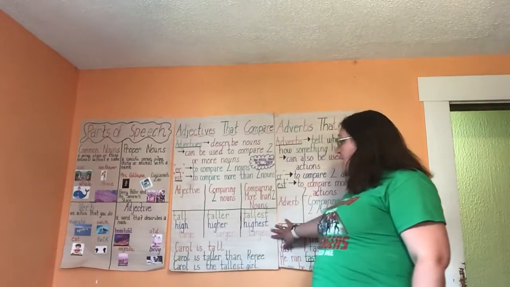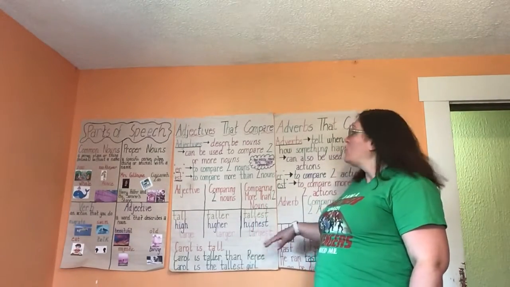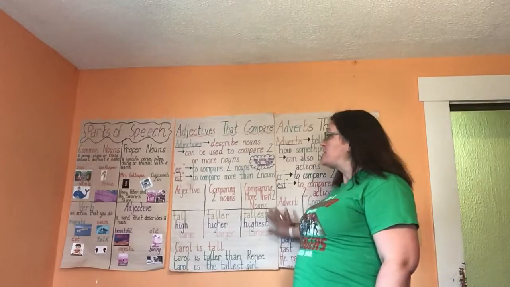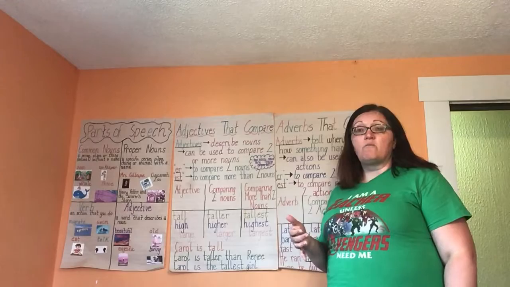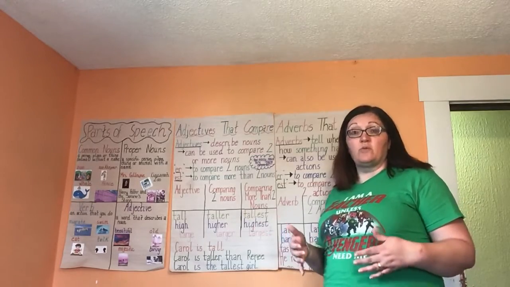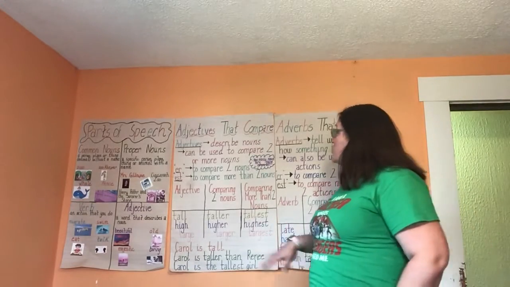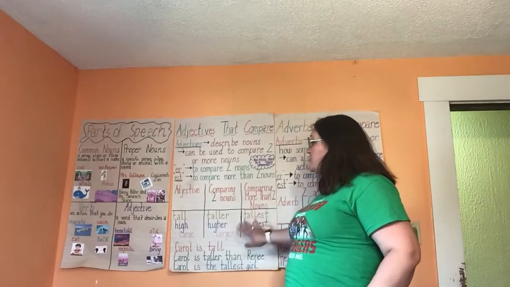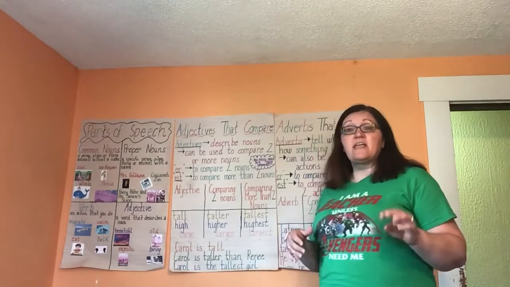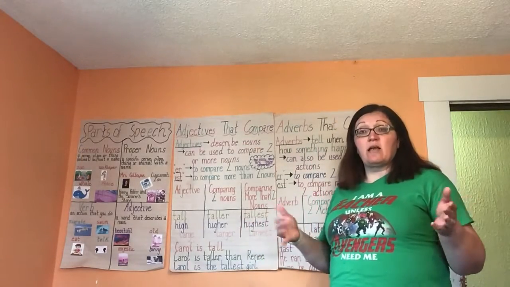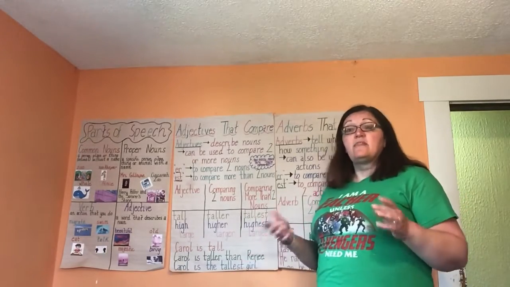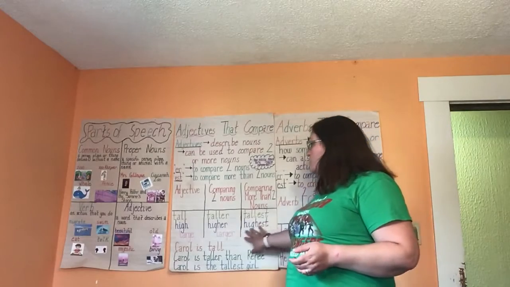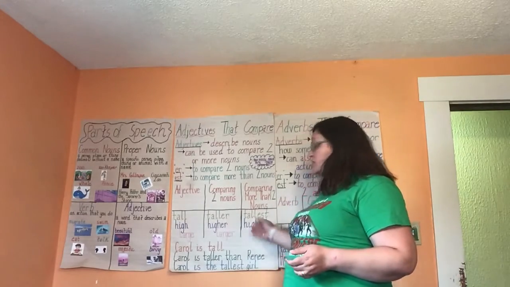Then on Tuesday, and you may have watched it on Wednesday, we talked about adjectives that compare. This was also a review. We did this before we were off of school. Adjectives that compare how one thing is compared to something else, if it's taller, or shorter, or higher than something else. We went over some examples like tall, taller, and tallest.